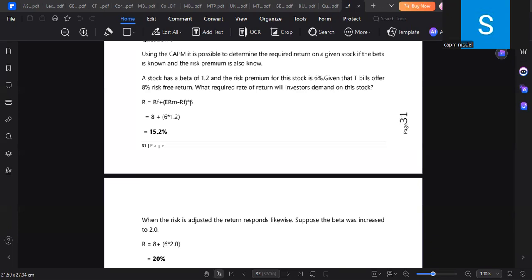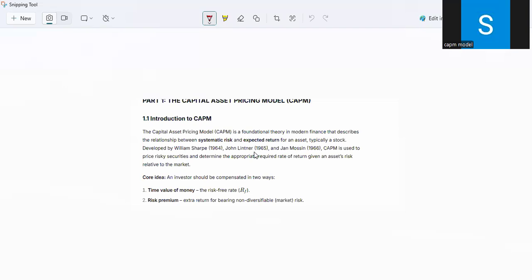The CAPM model is simply a theory in finance that we use to describe the relationship that exists between what we call systematic risk and our expected return. So it was developed by William Sharpe and John. So the CAPM model was used to price risky securities and to determine the appropriate required return for the asset.